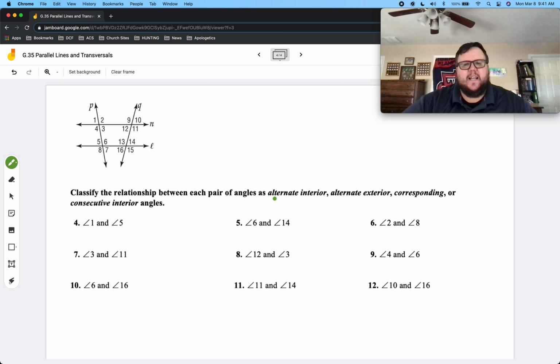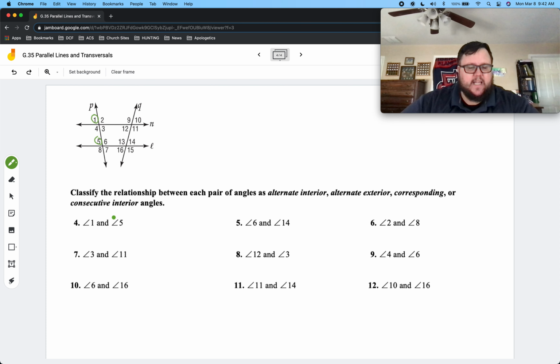So now we're going to classify angles. We're going to classify as either alternate interior, alternate exterior, corresponding, or consecutive interior. So I'm going to do a couple of these with you, and then I'm going to leave the rest for you to do. Angle 1 and angle 5. Notice if I were to cut this line right here and I'd slide this down, angle 1 and 5 would line up in the same position.